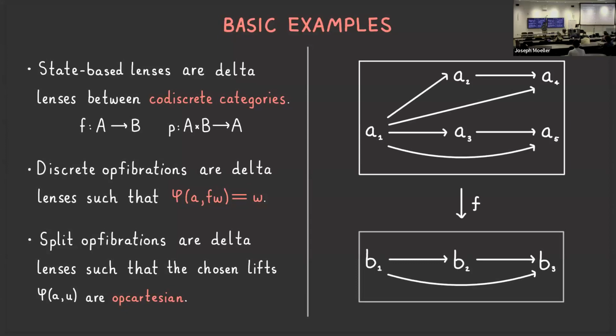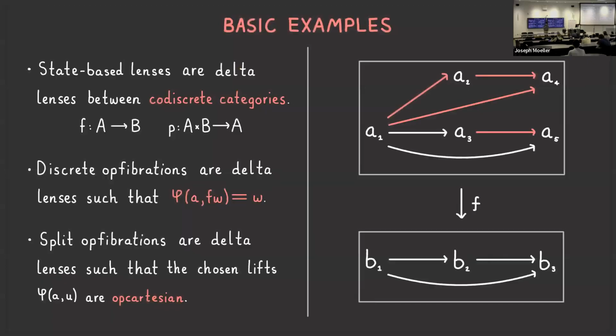Okay. We can also consider an explicit example. So here's a pair of categories represented by the underlying directed graph. We have a functor between them where, if you look at the objects lying above an object there, that's how they're sent by the functor.